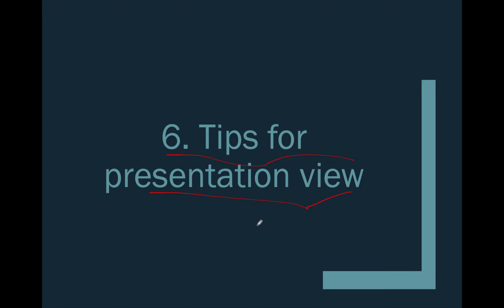And once you're done and you want to erase the content that you have added through this pen, all you have to do is press E, and all the content that you've added through the pen will be erased from your slide. And now if you want to move back to the arrow option, you can just press Ctrl P again, and it will take you back to the arrow option.